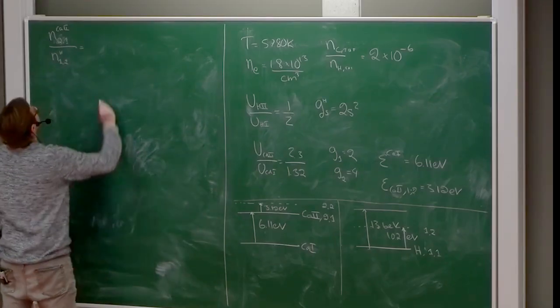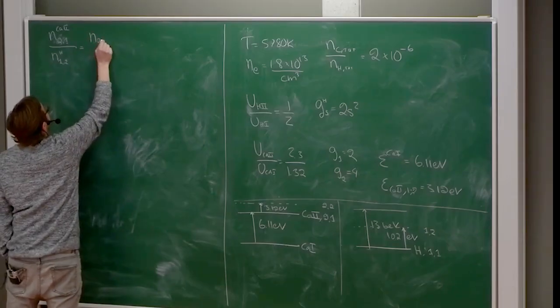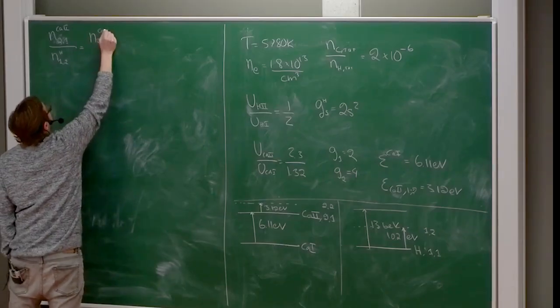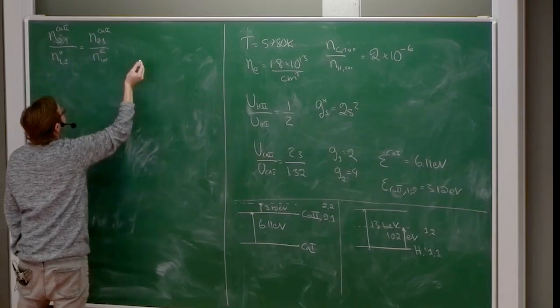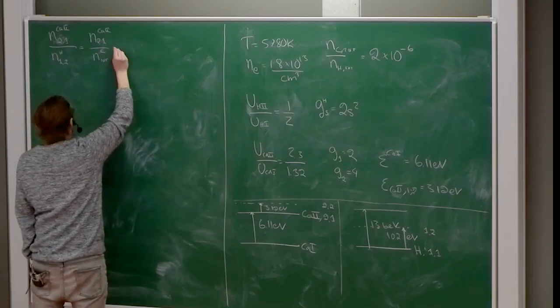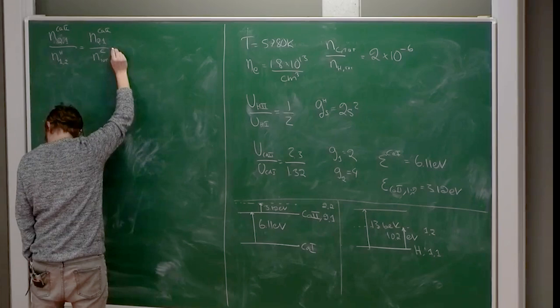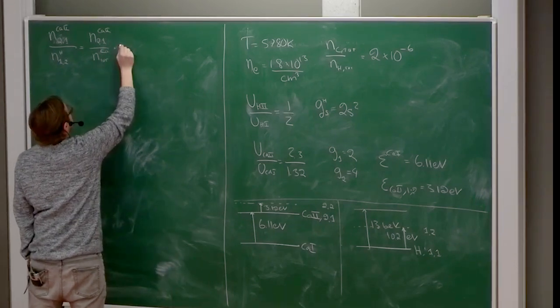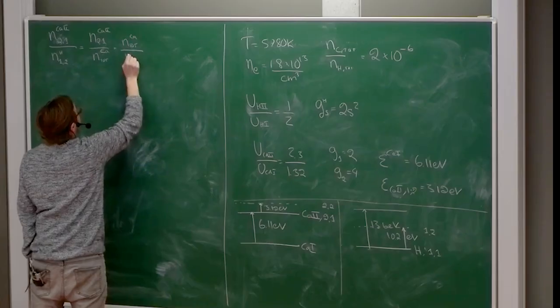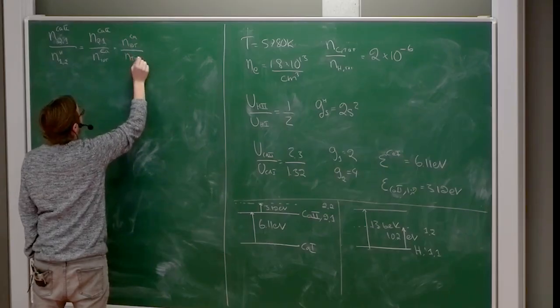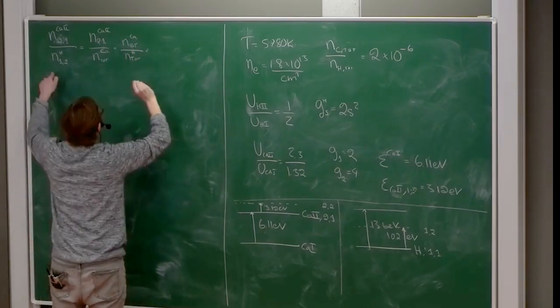So we can just first expand it in terms of N total of calcium, times, of course, N total of calcium, and then we divide by N total of hydrogen, and then what do we have left?